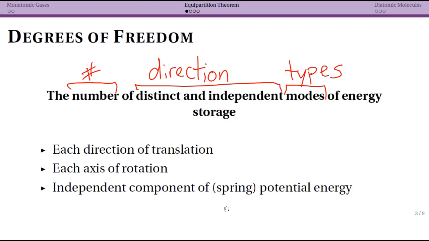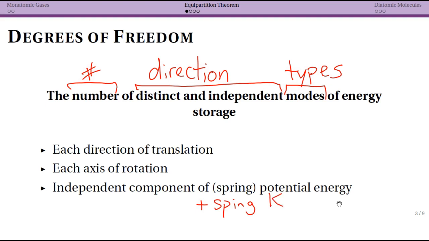And so if you imagine our atoms on springs, they might have a spring going in different directions. Potentially it's only 1 dimension, potentially it's 2 or 3. Each component of spring potential energy is going to be a degree of freedom, and you also have spring kinetic energy.